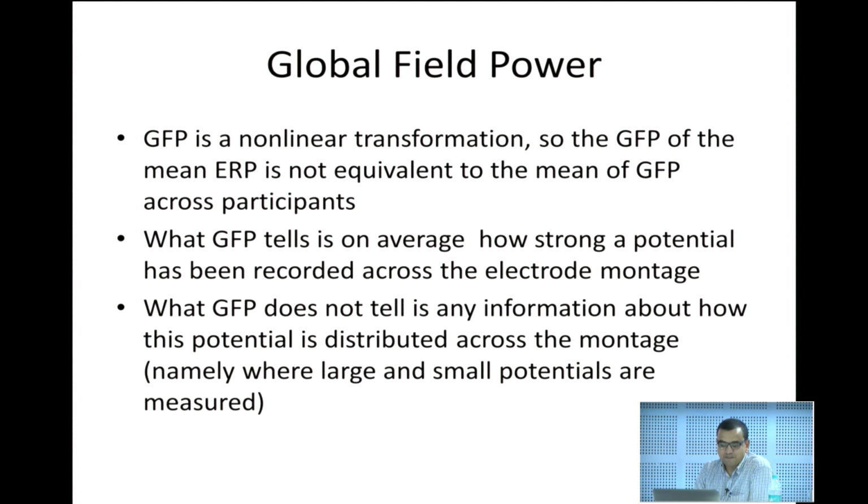What global field power tells you is, on average, how strong a potential has been recorded across the electrode montage with respect to other electrodes. But it does not tell you how this potential is distributed across the montage, because at any point you only get one value across all your 32 or 64 electrodes. It tells you about the extent of distribution of the scalp potential over the scalp.